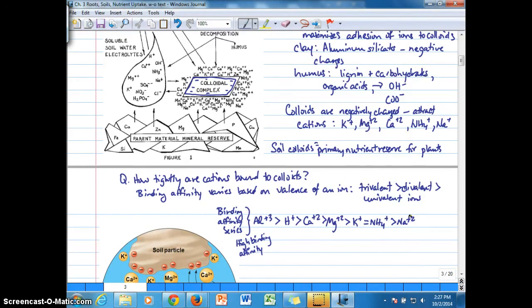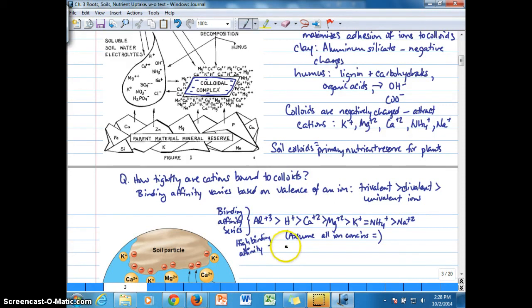So that means that in this binding affinity series, we have to also know that we are assuming that all ion concentrations, that's an abbreviation for concentrations, are equal. So we have to assume equal ion concentrations to use that binding affinity series.